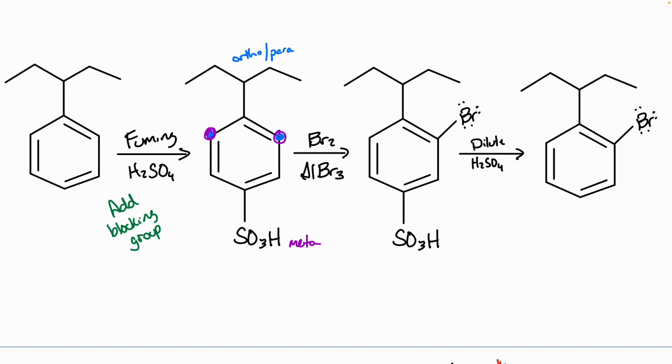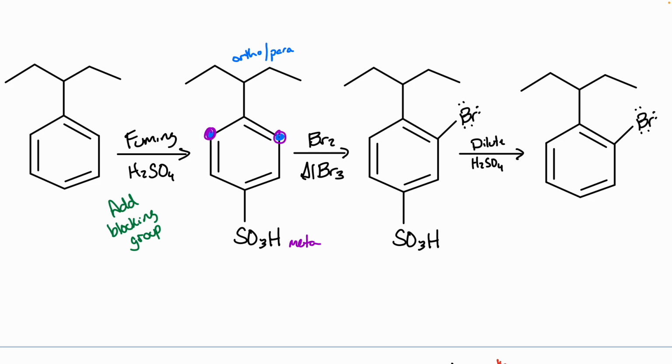Okay, so the first thing we did with that sulfuric acid was we added a blocking group. That had the effect of occupying that preferred para position, so that when we did our subsequent reaction, the only choice of where to direct that incoming electrophile was to that, from our alkyl group's perspective, ortho position.